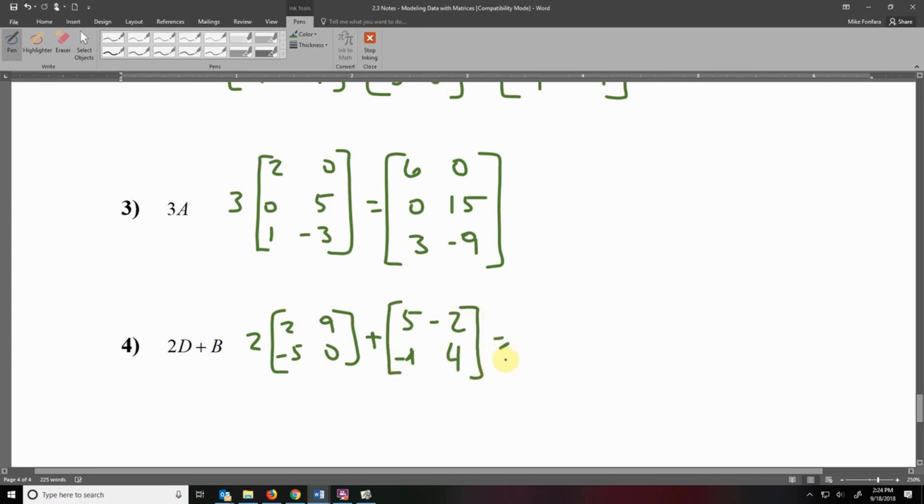Okay, so first we're going to have to do 2 times matrix D. So that's 4, 18, negative 10, 0, plus 5, negative 2, negative 1, 4.